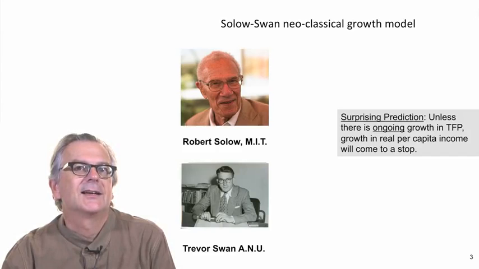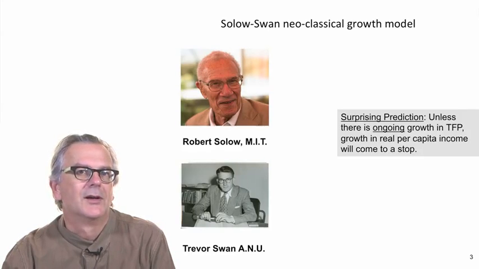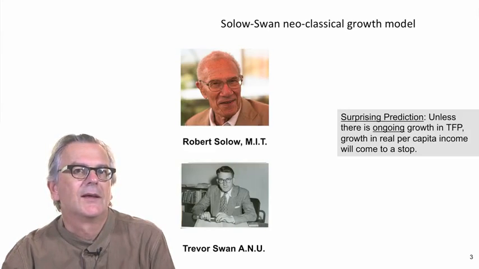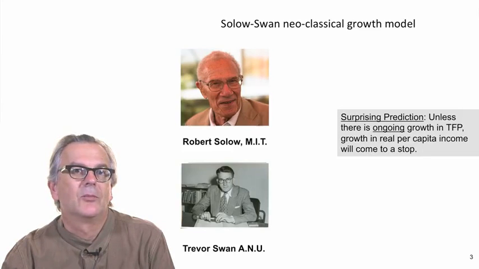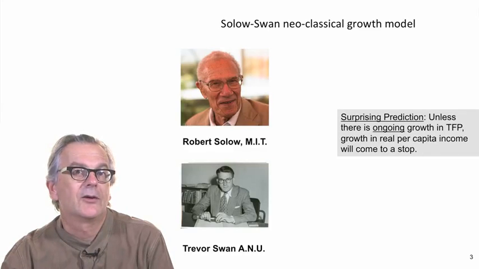It will cease unless something else happens, and that something else will be an increase in total factor productivity. It very much throws the focus on total factor productivity and clarifies for us how without that growth in total factor productivity, there is an expectation, as you'll see, that growth in per capita income will eventually come to a halt. In other words, economic growth without growth in total factor productivity can never be a very long-run event. It has a finite lifespan.